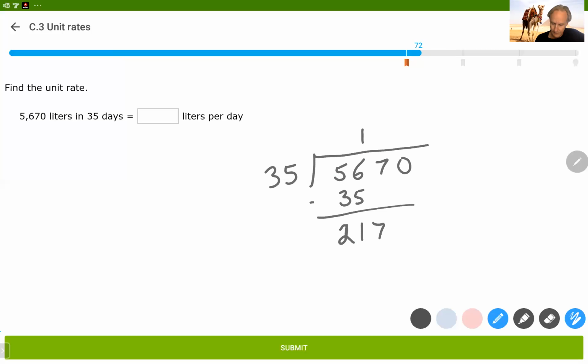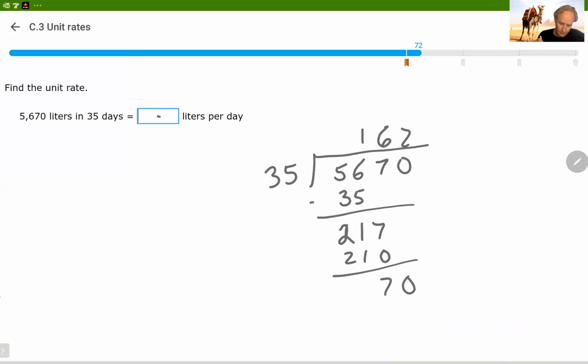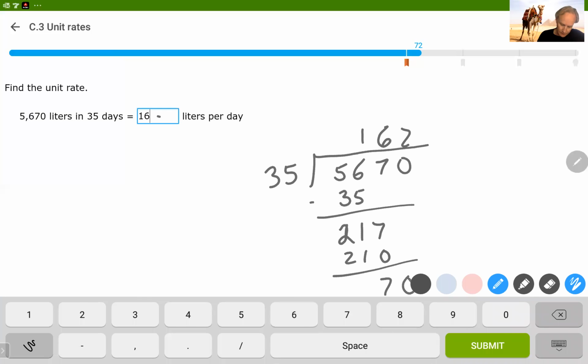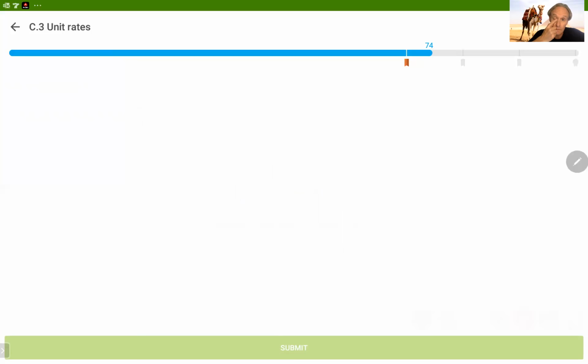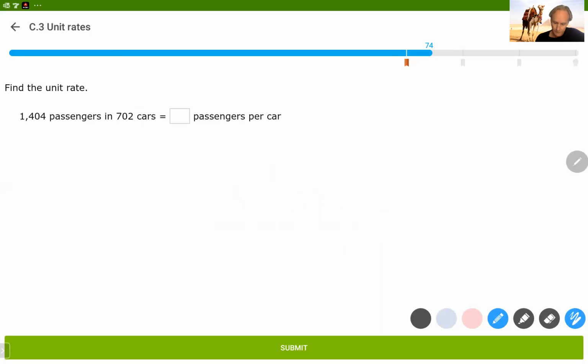And 35 into 217 goes in 6 times. 6 times 35 is the same as 70 times 3, which is 210. We have 70 left, which goes in 2 times. 702 into 1404 is 2.